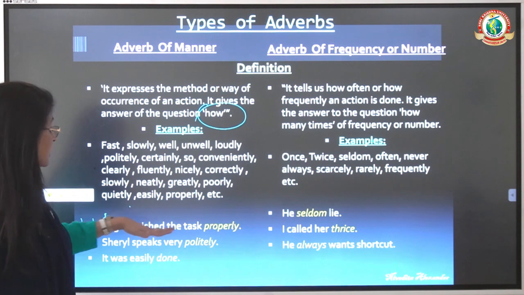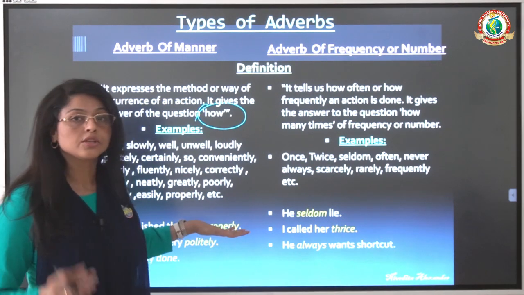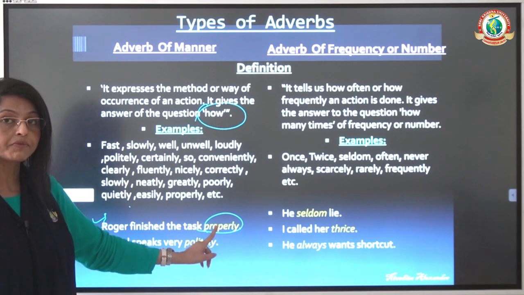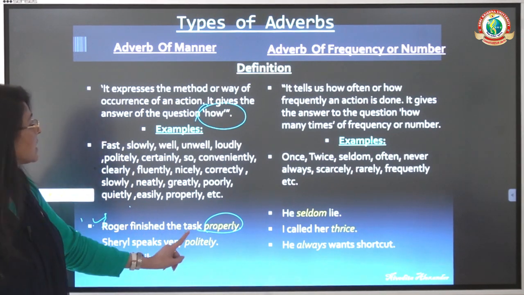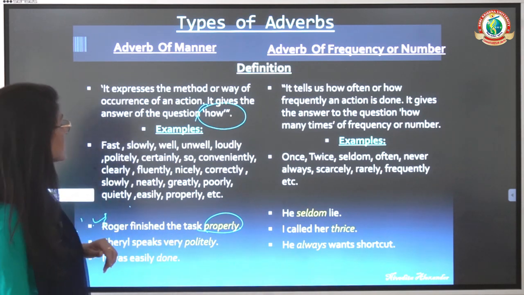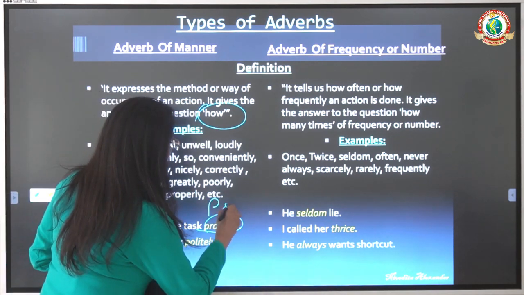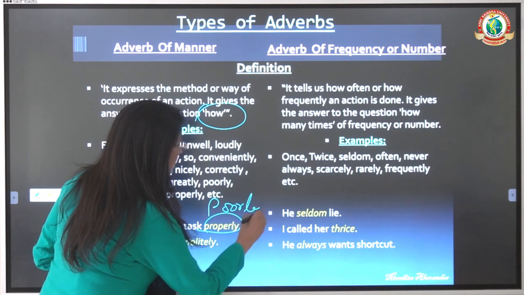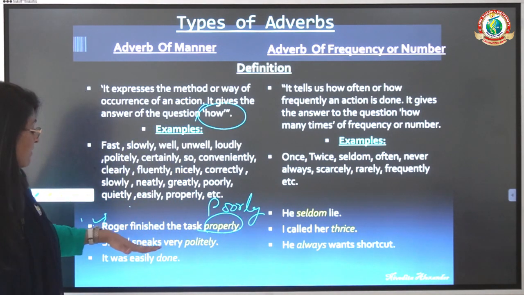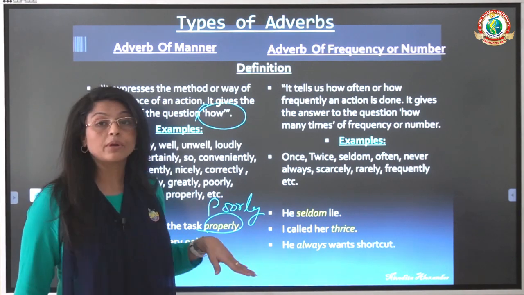So Roger finished the task properly. So this word properly, how the task was finished? It was finished properly. Or if I have to say Roger finished the task poorly, I can also say that, isn't it? Now Cheryl speaks very politely.